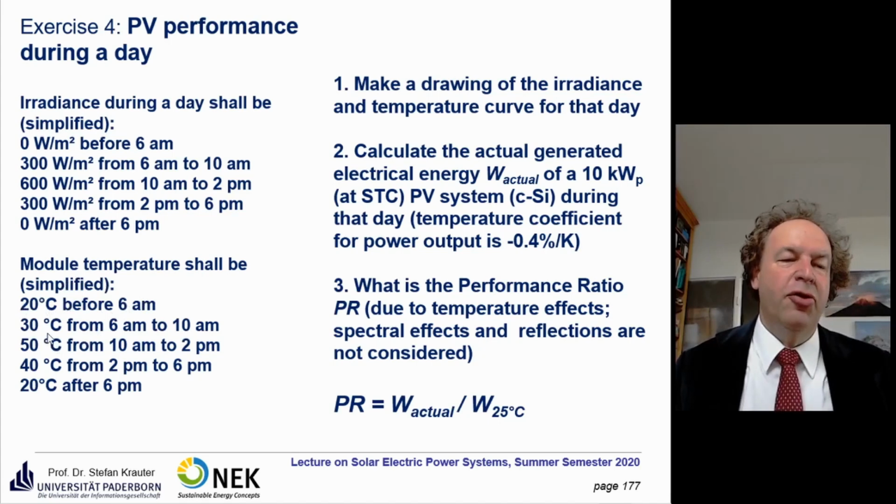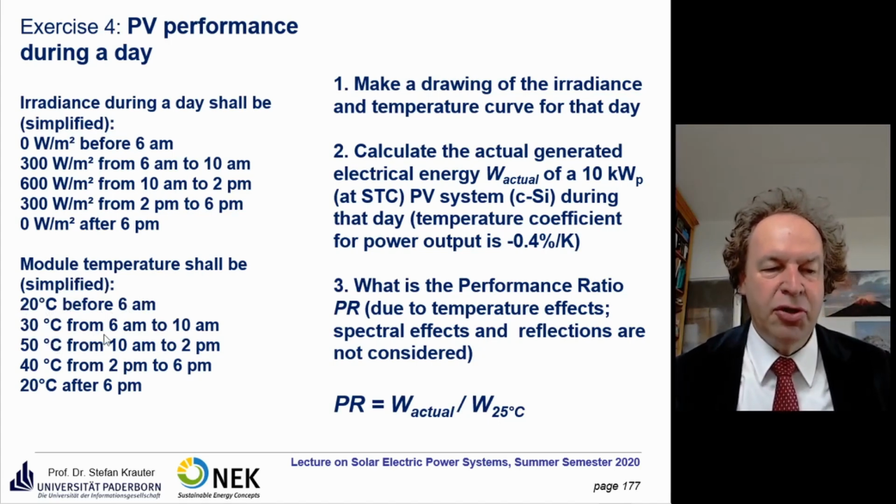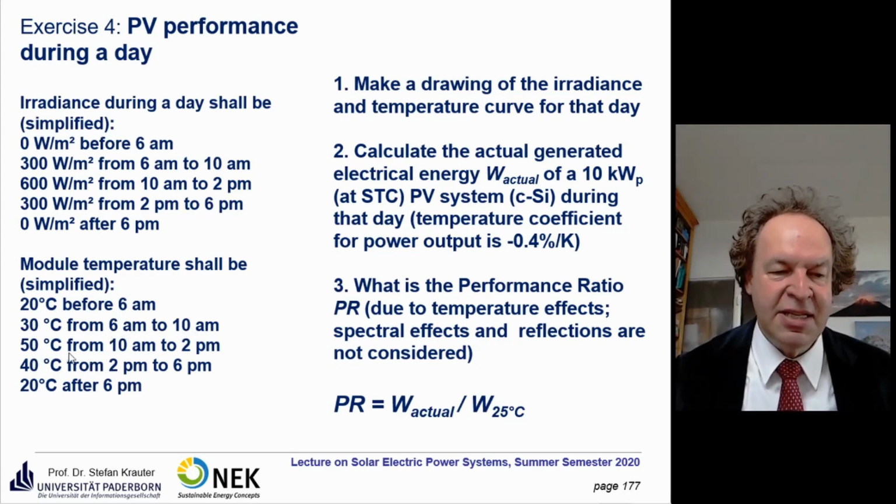We have 30 degrees Celsius of the solar module inside your cell from 6 a.m. to 10 a.m. and it reaches its peak from 10 a.m. to 2 p.m. with 50 degrees Celsius. And then in the afternoon, while ambient temperature is also increasing, it's a bit higher than the morning temperature. So we have 40 degrees Celsius from 2 p.m. to sunset at 6 p.m. and then it stays at 20 degrees Celsius after 6 p.m.